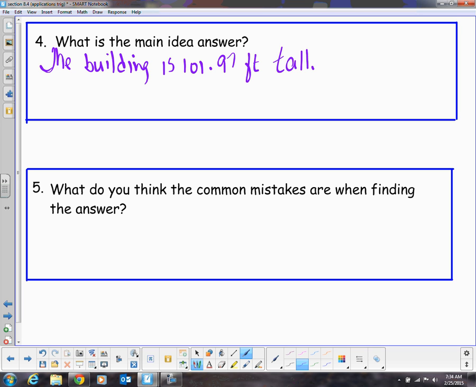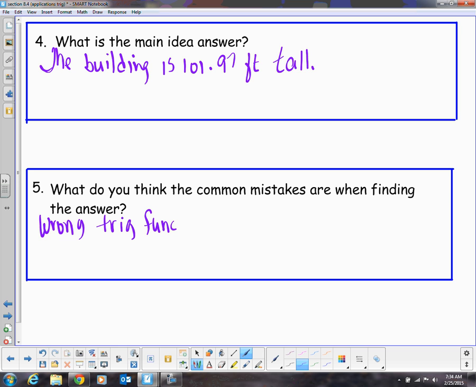So we're in the process of analyzing this question. What do you think common mistakes are when finding the answer? Using the wrong trig function. Yeah, that definitely, wrong trig function. Okay? What else? You mean like wrong unit?